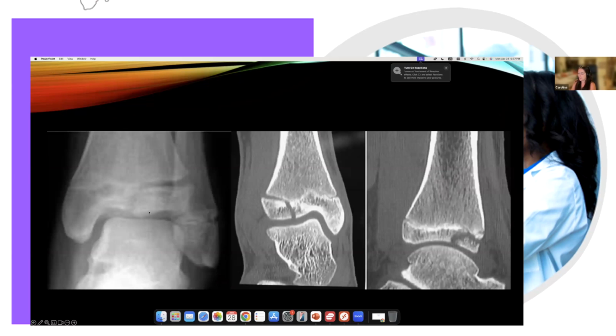However, this is a particular and very special type of fracture of the distal tibia that is called a Tillaux fracture. It only happens in adolescence, in which the more medial aspect of the physis has already closed.